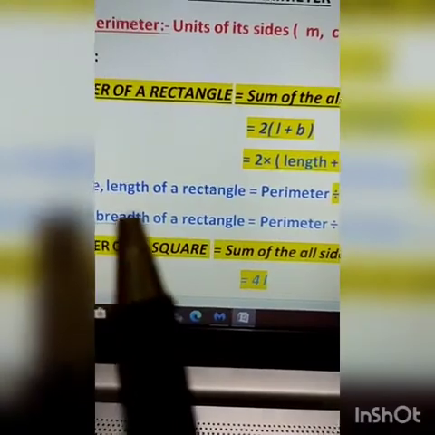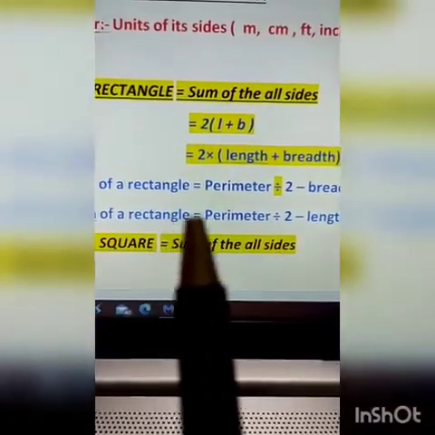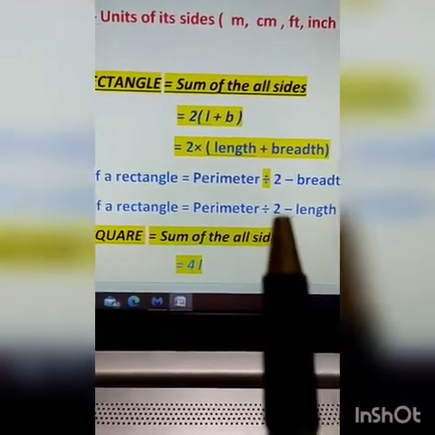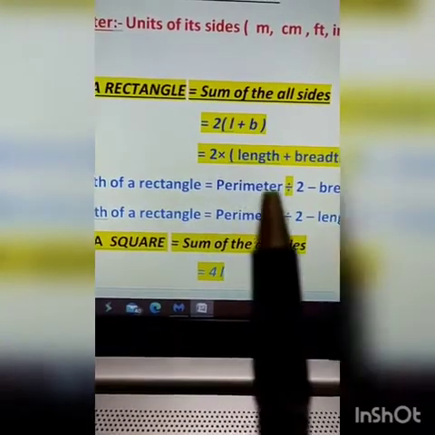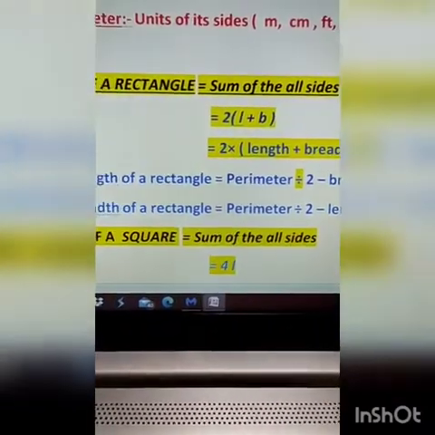And if you have to find out breadth of the rectangle, then perimeter divided by 2 minus length. These two are important. You must remember this.